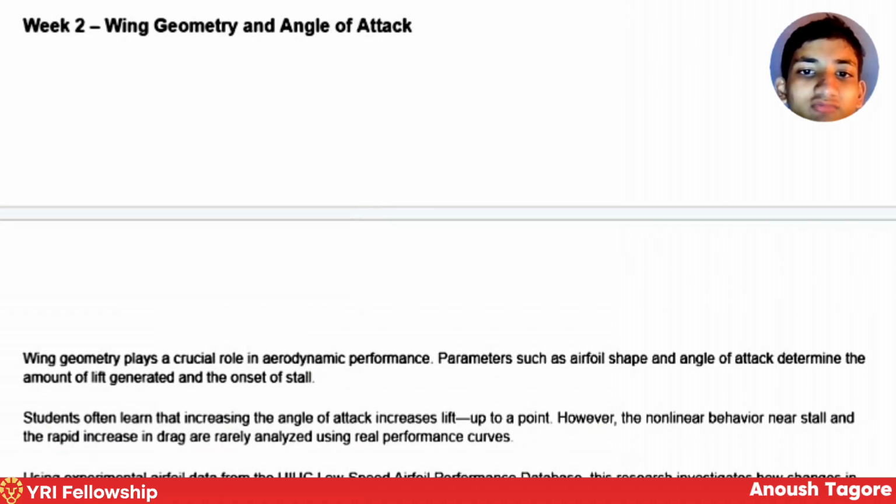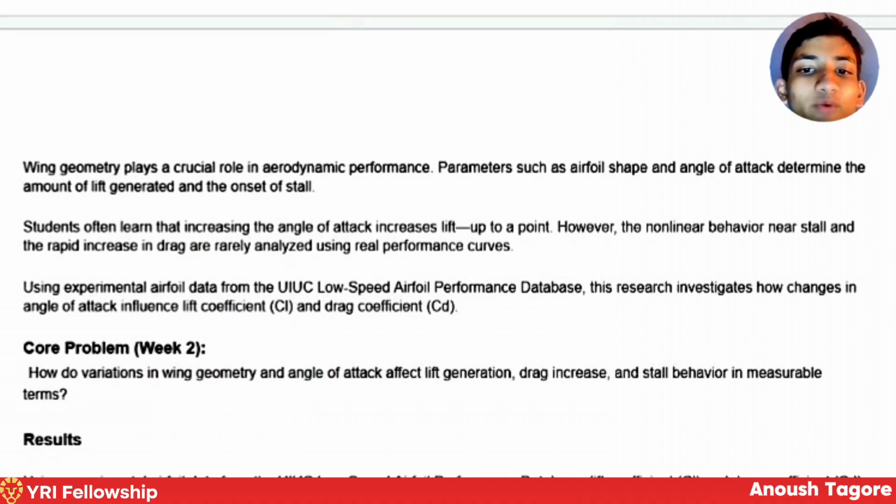And then the next week we were seeing what wing geometry would help. Airfoils are basically the shape of the wing. If you look at a wing from the side, the main shape, that's an airfoil.